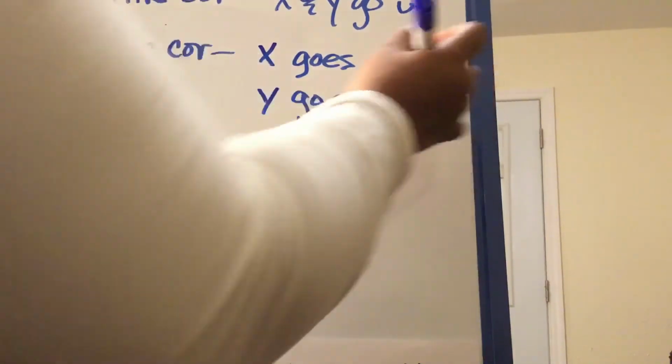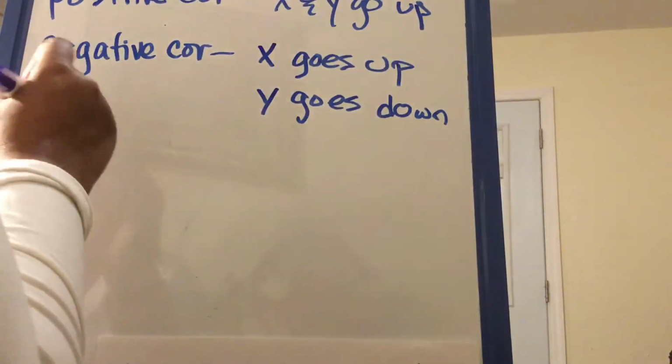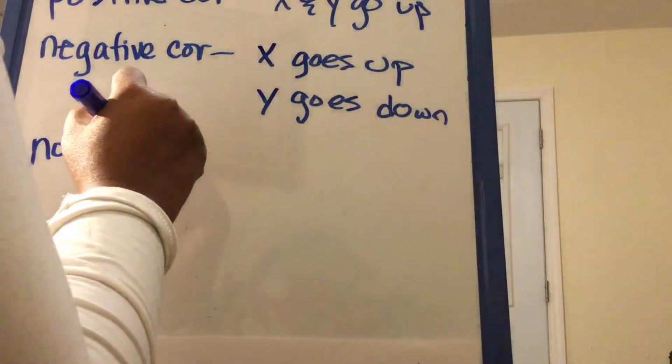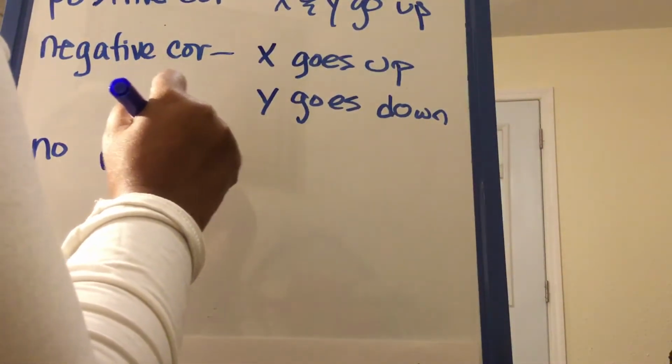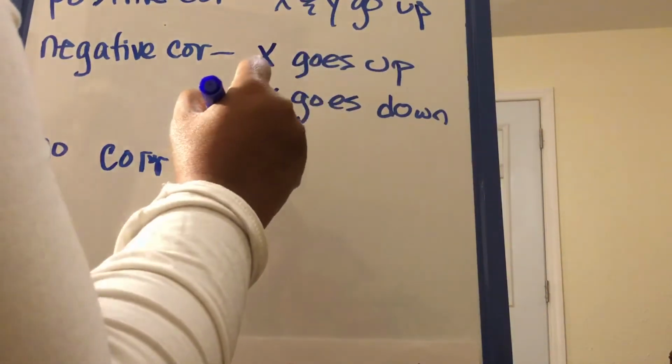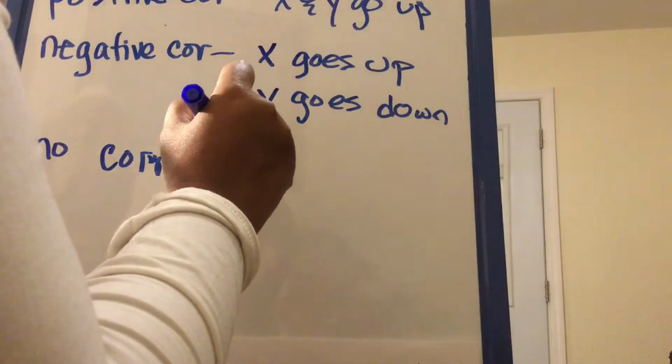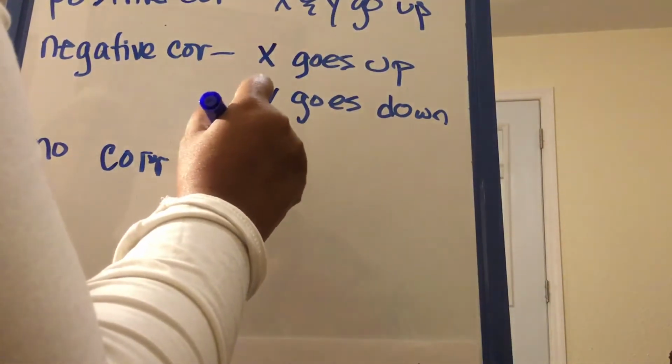And then there's no correlation, that's when your graph is kind of all over the place. It is no relation.